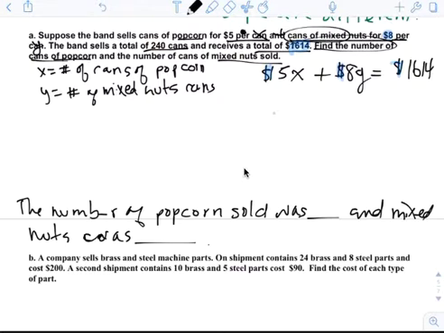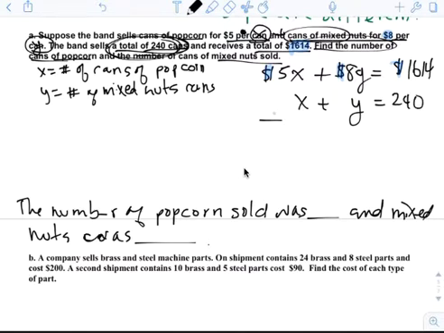Now, we know all the cans have to total to this also. Cans are the X and the Y. X plus Y equals a total of 240 cans.